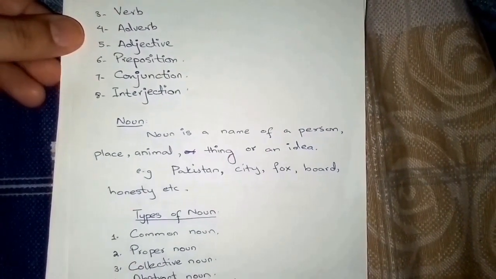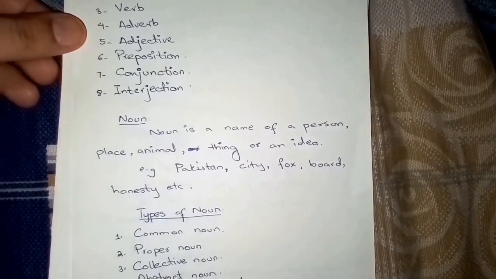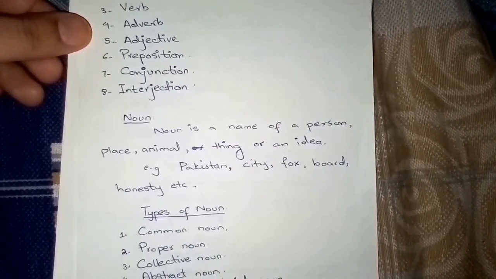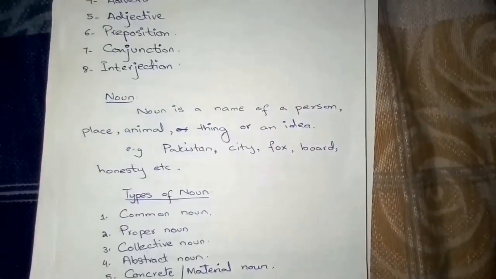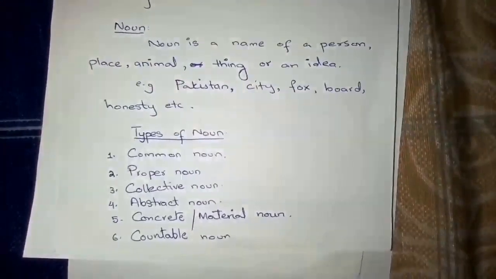For example, Pakistan, city, fox, board, honesty, wisdom, knowledge, information, etc. So these are the noun. So what are the types of noun?